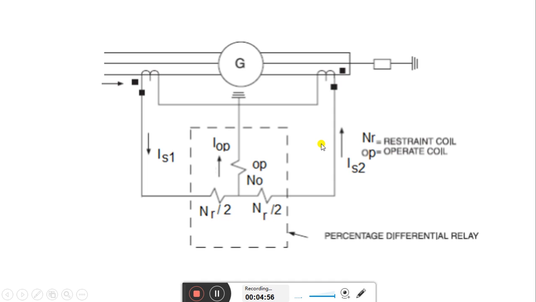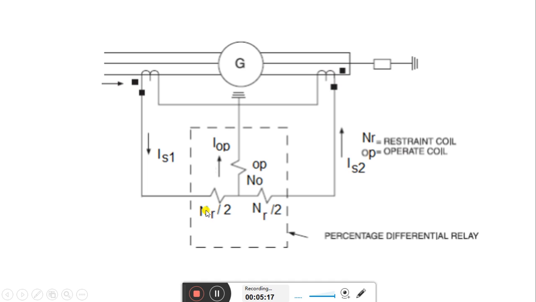Let us define here that there are two currents flowing: IS1 from this side CT and IS2 going to this side CT, and the difference of both goes to IOP, that is, the operating coil.